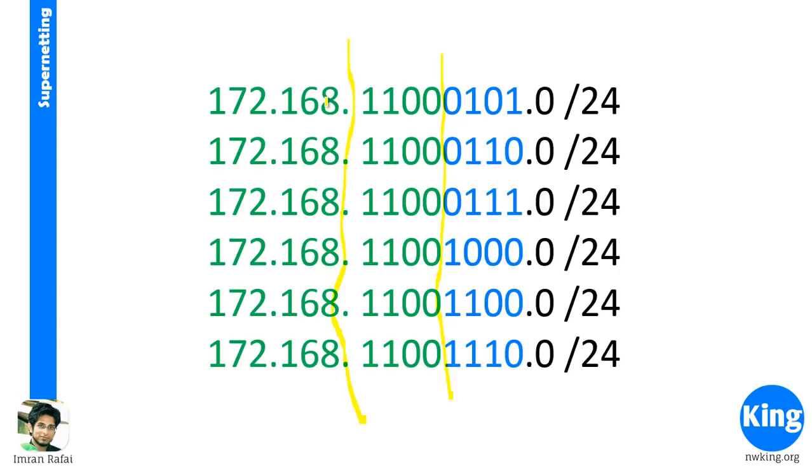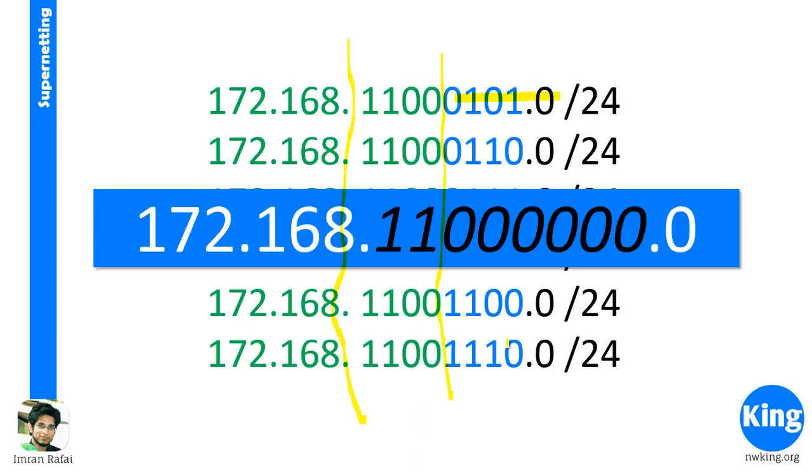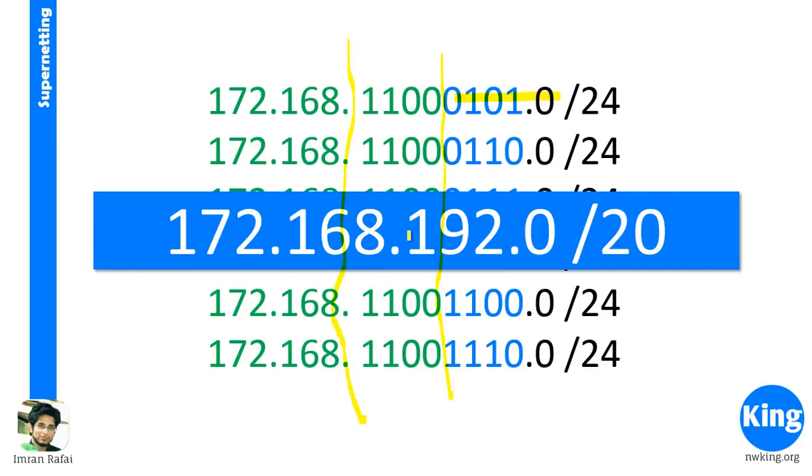So how do we convert this into one network? What you do is make everything beyond this line as 0. So it will be like this: 172.168, and this part, if you convert it to decimal, it is 172.168.192.0/20.